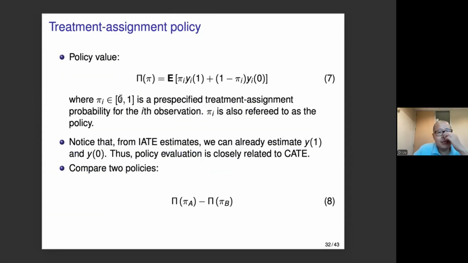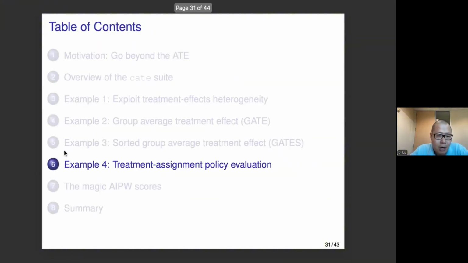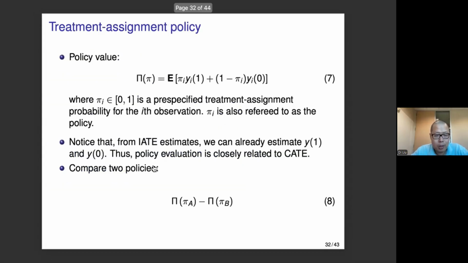And the last example, example 4. In all these first three examples, we explored the treatment effects at ITE levels, then we estimated GATEs. This is for treatment effect heterogeneity studies. Now it comes to how to use the CATE estimations to evaluate treatment assignment policies.